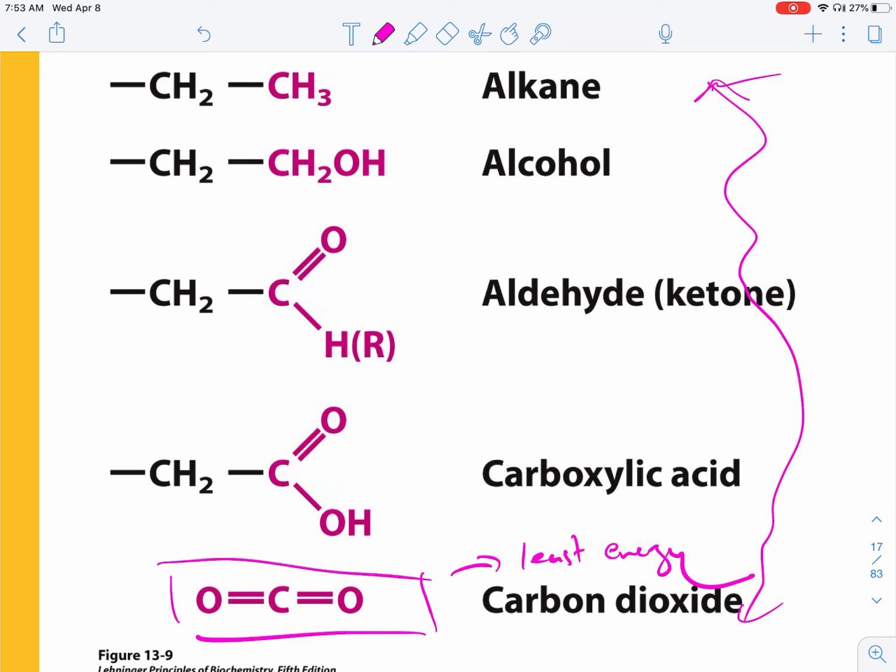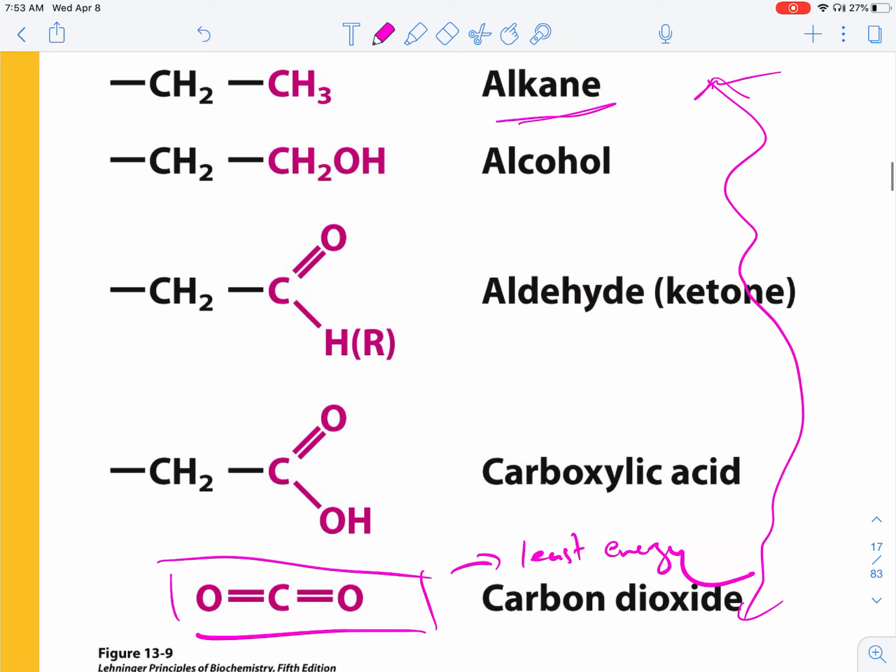Here, these alkanes are highly reduced, right? And so the energy is represented by these hydrocarbon bonds. And so if I were to ask you to organize this according to its oxidation state or its energy levels, really all you need to do is look to see how many oxygens are present and how many hydrocarbon bonds are present, right?